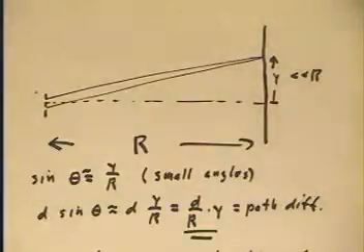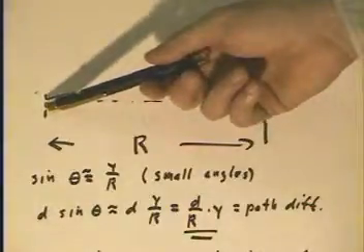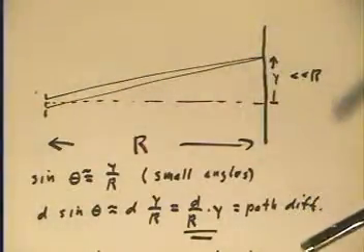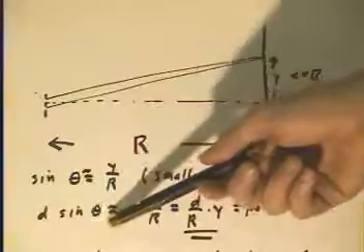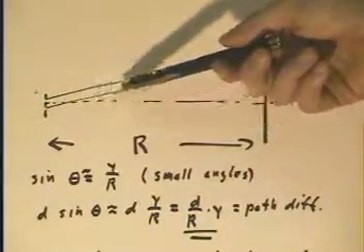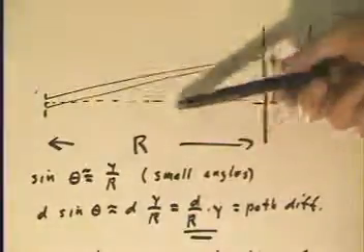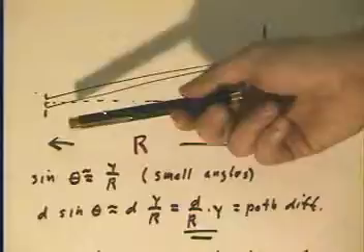Okay, so what do we end up seeing? The path difference here, remember, is just d times sine theta, where theta is the angle made by one of these lines, and they both make about the same angle with the line perpendicular to the grating.